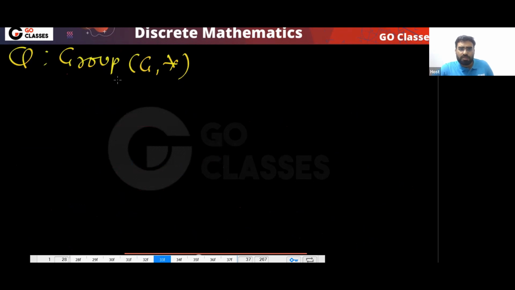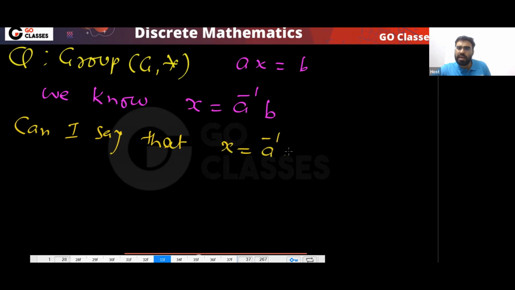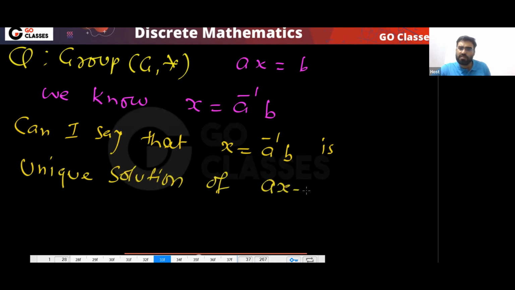Okay, let's move on. So in a group, you have this equation, AX equal to B. We know that X will be A inverse B. But my question is, can I say that X equal to A inverse B is the unique solution of this equation?